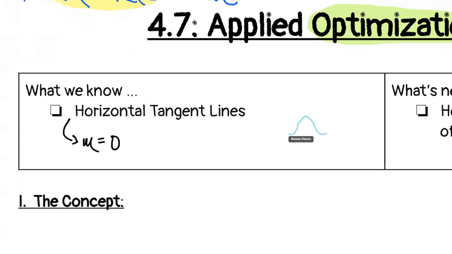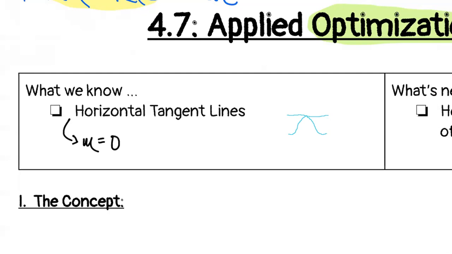You can also describe it. I love it. Could be a parabola, could be a sine wave, cosine wave. Perfect, exactly. So we've got one version of what it might look like to have a horizontal tangent line.